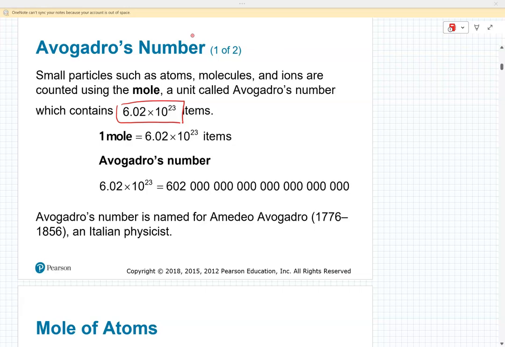Originally, Avogadro's law pertains to gases. It's a bit of a tangential idea. So Amedeo Avogadro figured out that 1 mole, 6.02 multiplied by 10 to the power of 23 atoms or molecules of a gas, at room temperature and atmospheric pressure, will always occupy the same volume.